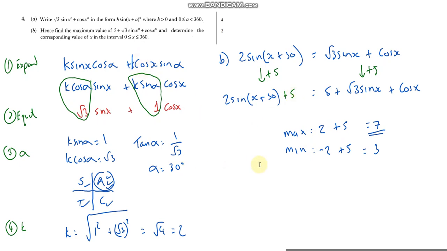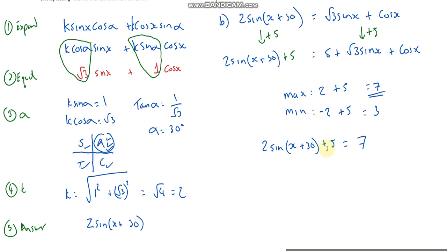And then where does that occur? Well, where does 2 sine x plus 30 plus 5 equal 7? If I rearrange that, I'm taking away 5 and dividing by 2, so I'm just left with sine x plus 30 is equal to 1, i.e. the maximum.